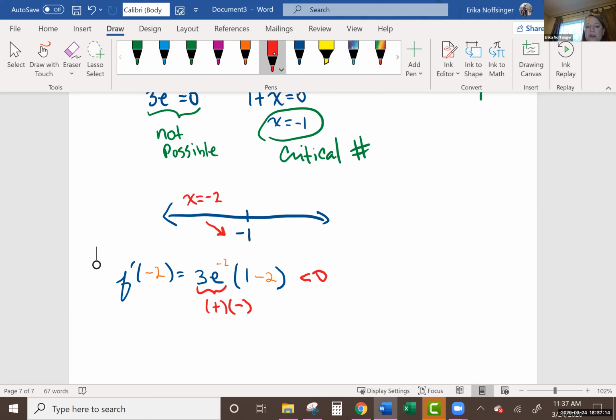So choose something which is bigger than -1. If we chose 0, which is our easiest case, so let's say x equals 0, and we plug it into the derivative function, we get 3 times e to the 0, all times 1 plus 0.